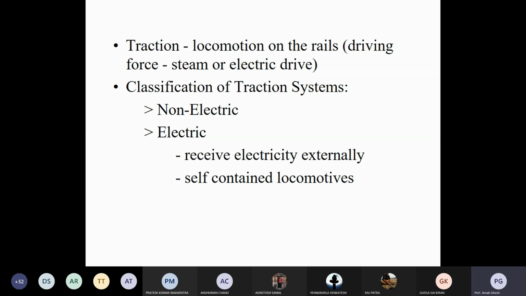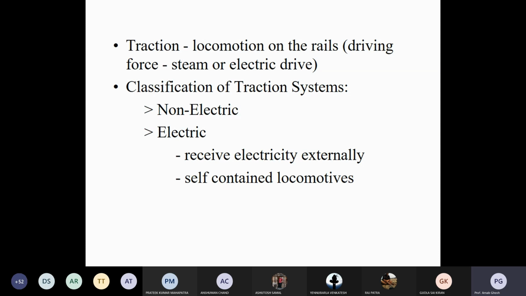That is combustion, so there is no generation of electricity. The wheels are moved directly by the energy generated from the steam or the diesel, like a combustion engine which provides the stroke. Another one is electric traction, which receives electricity externally.